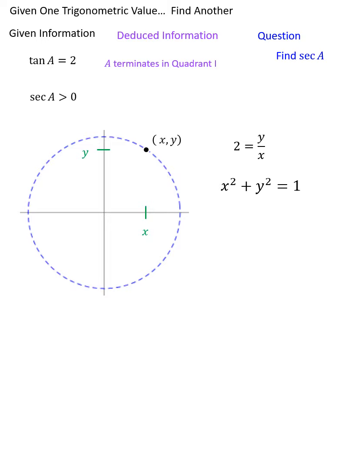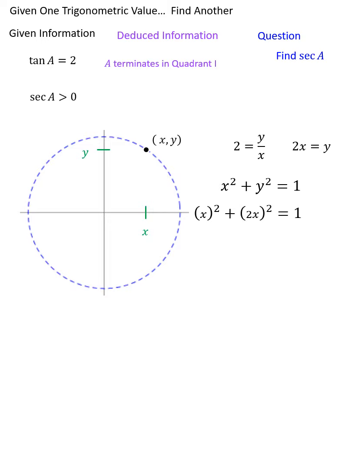So I can replace tangent with 2 and make another equation. Now, neither of these equations on their own could be solved for x or y numerically, but when put together as a system of equations, we should be able to solve for x and y. So what I decided to do was take the top equation, cross multiply by x, therefore solving for y, and substitute y equals 2x into the equation for the unit circle.